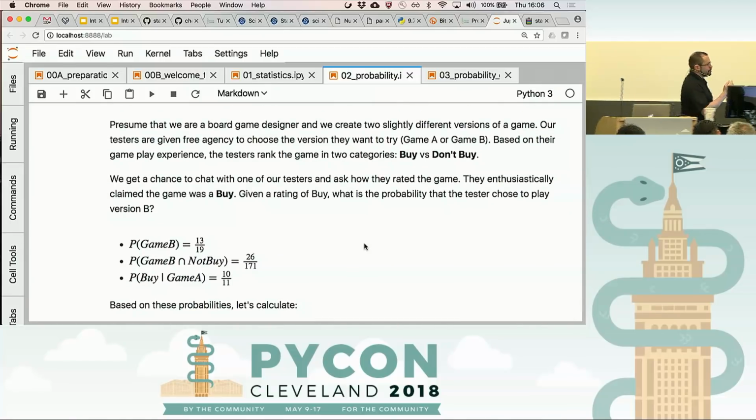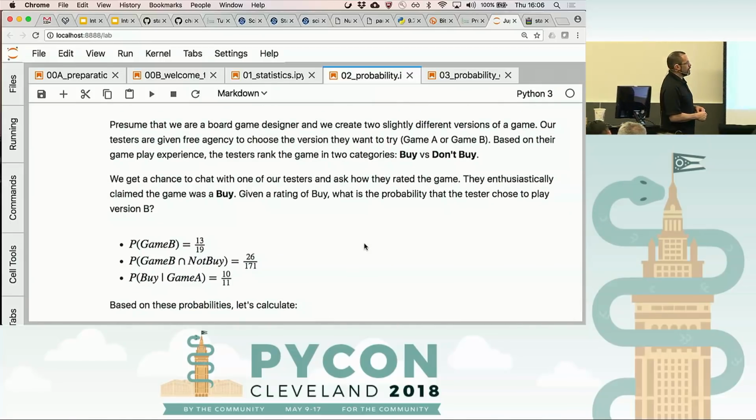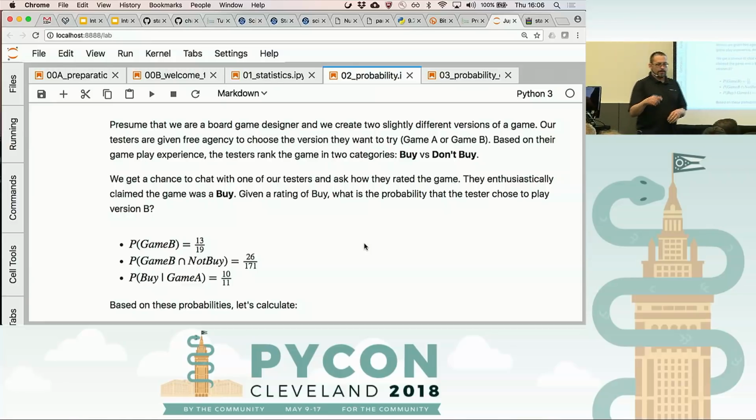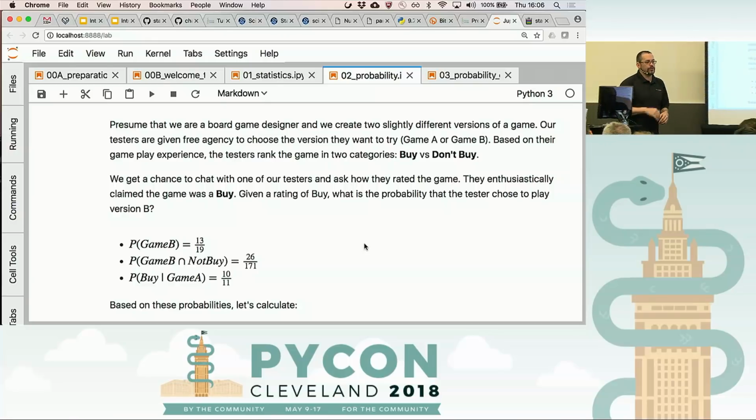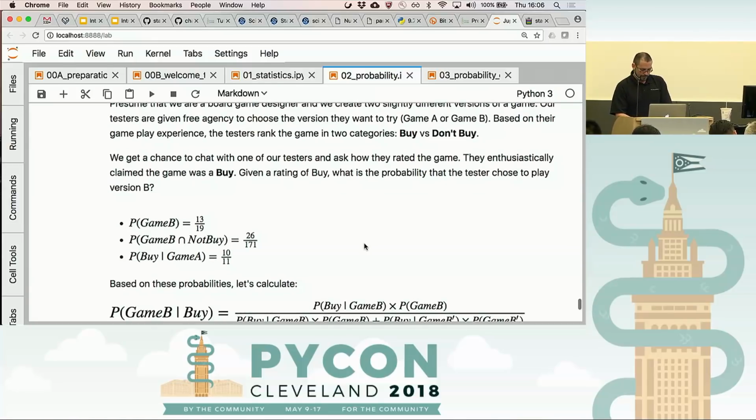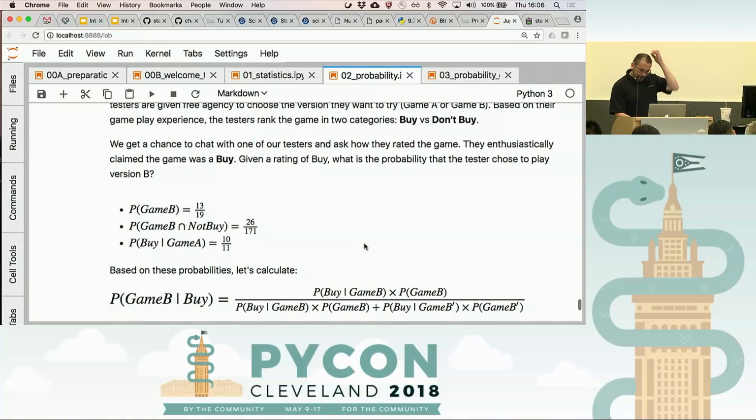After some of my friends played 2 different versions of a board game, talking to my friend, the friend said, hey, I really want to buy this game. What is the probability that that tester played version B of the game versus version A? I'll give you guys a few minutes to go through that. Give you about 7, 8 minutes.